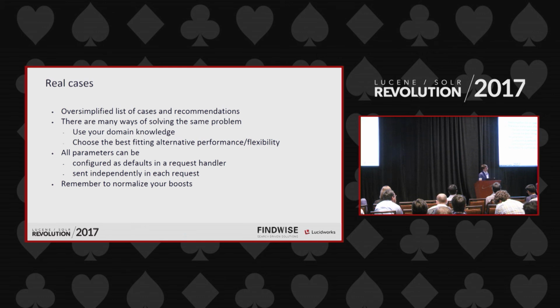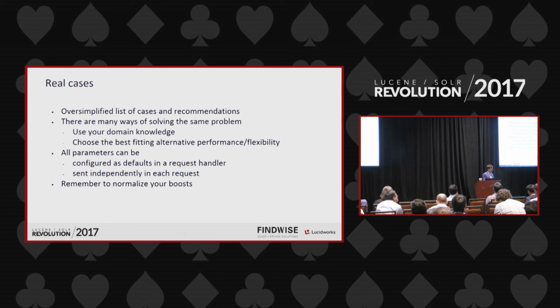if the parameters don't depend on a specific query and they are important for all our queries, we can pre-configure them as a default parameter in our query handler. In the other case, we have the flexibility of sending them with our query, but we are going to grow our query and have some convoluted stuff.